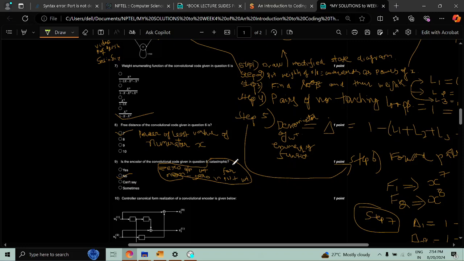Encoder conversion code, is it catastrophic? It is catastrophic if there is a 0 output weight for non-zero input weight.